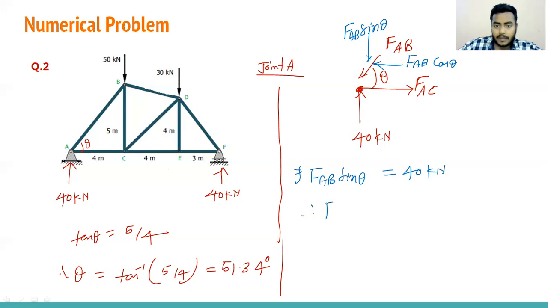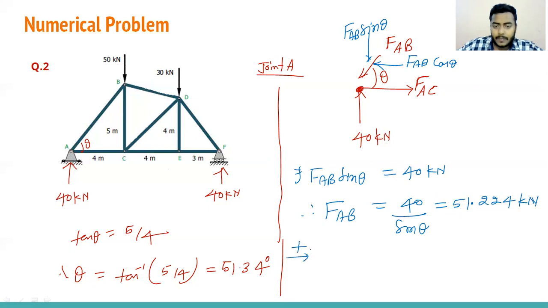So from this equation FAB is 40 by sin theta. We get this value FAB 51.224 kilonewton.